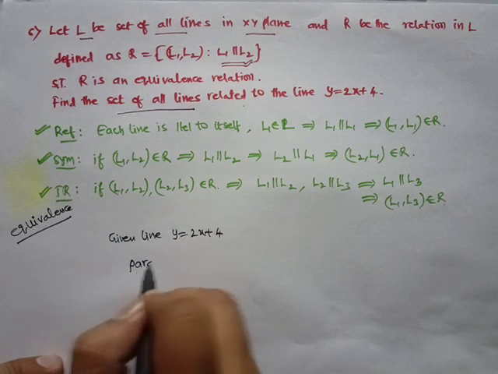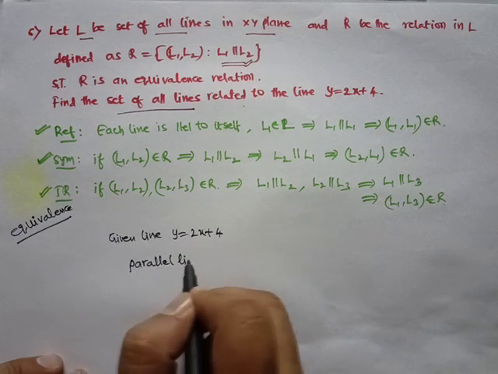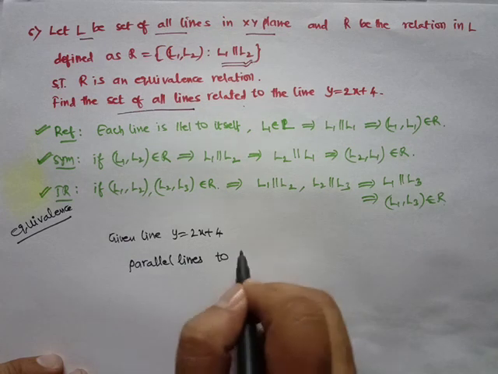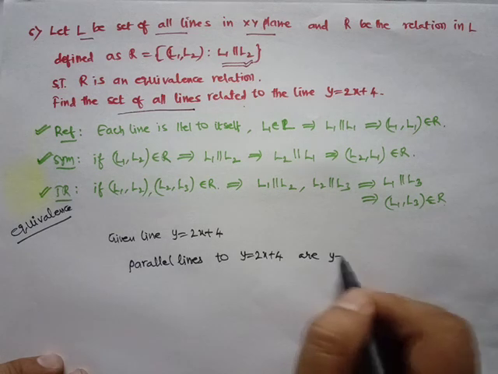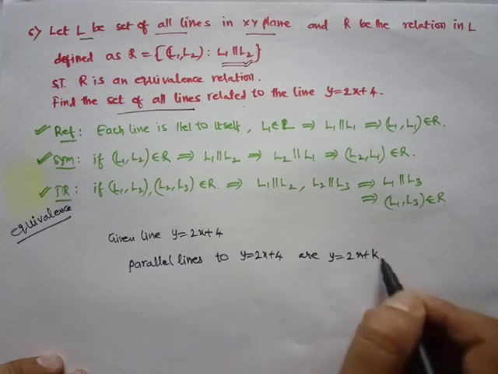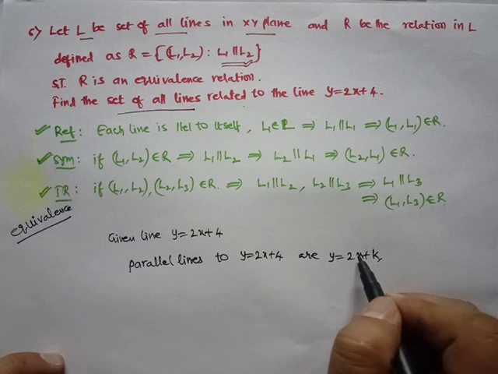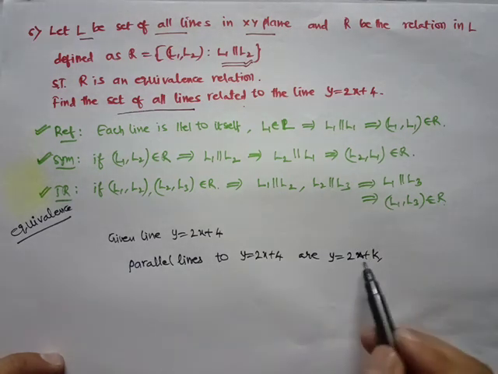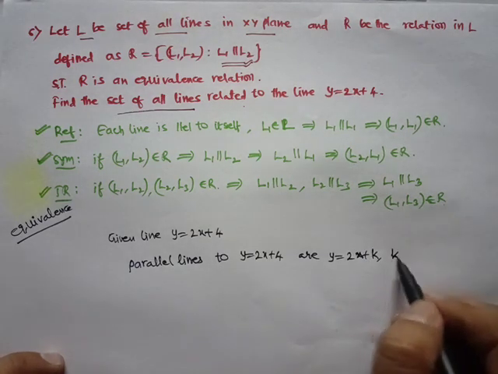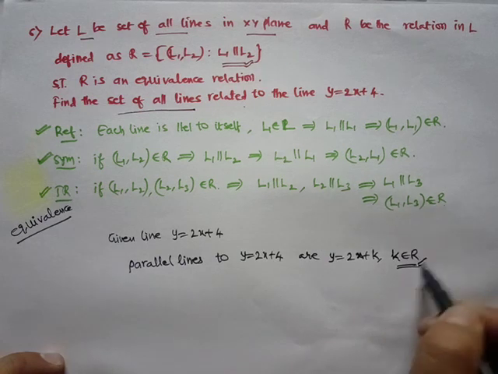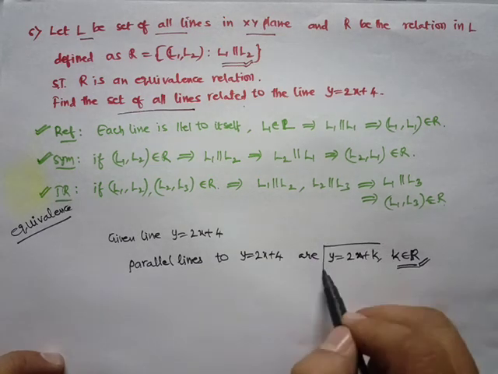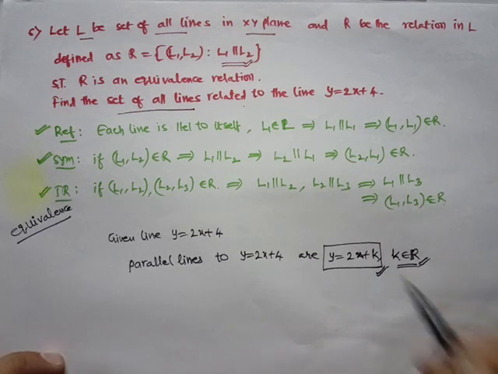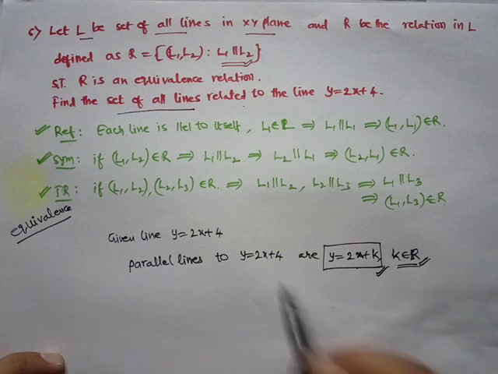Parallel lines to y = 2x + 4 are y = 2x + k, only the constant will be changed. k is any real number. So such lines y = 2x + k are going to be related to y = 2x + 4.